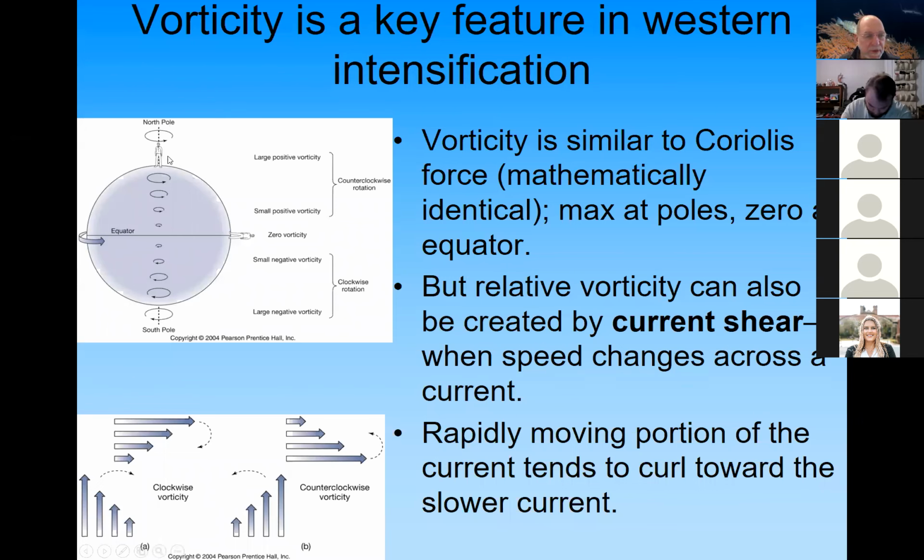So this is showing that there's large positive vorticity at the higher latitudes, and it goes towards zero at the lower latitudes. Well, what's causing that?